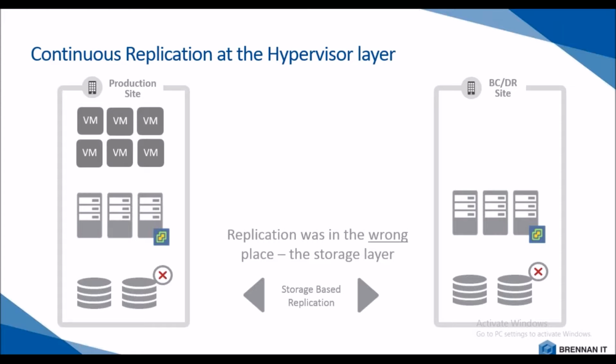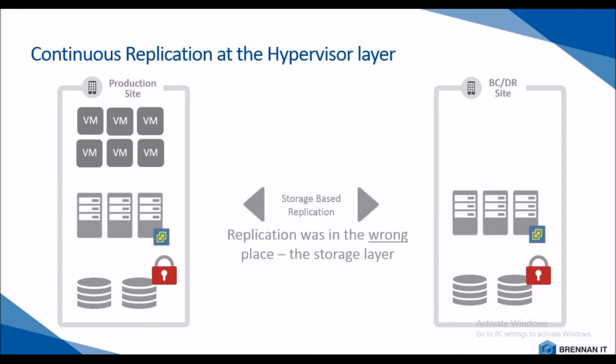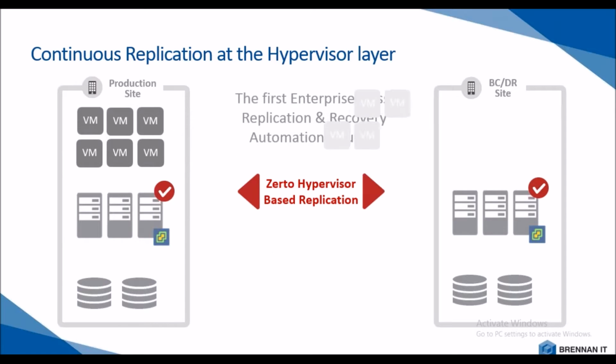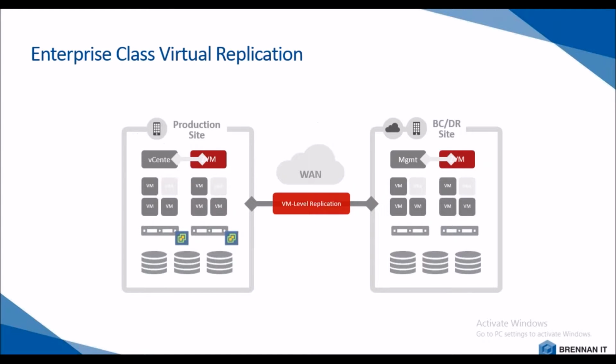It was happening at the storage layer, so a lot of things were being missed. Now what Zerto does really is bring the replication up to the hypervisor level rather than the storage level. So all changes are then replicated at the hypervisor level from the production site to the disaster recovery site via the software. So as a broad concept, that's the way it works.